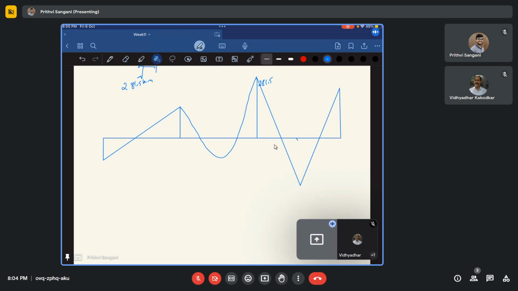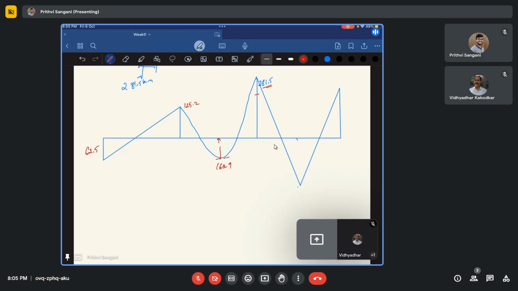So I'll just label it. This is 62.5, and here it is 125.2. And this I did not actually calculate, but you can just cross check. This is 160.9. Okay, this is 281.